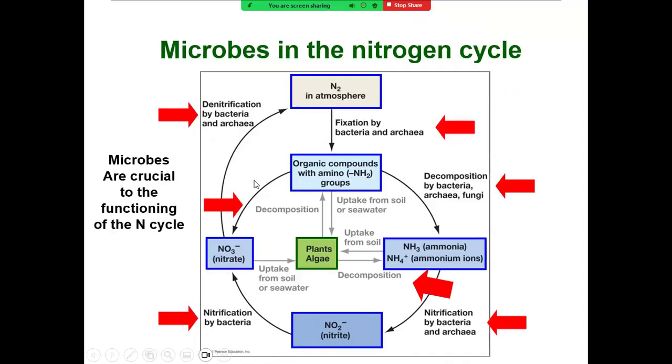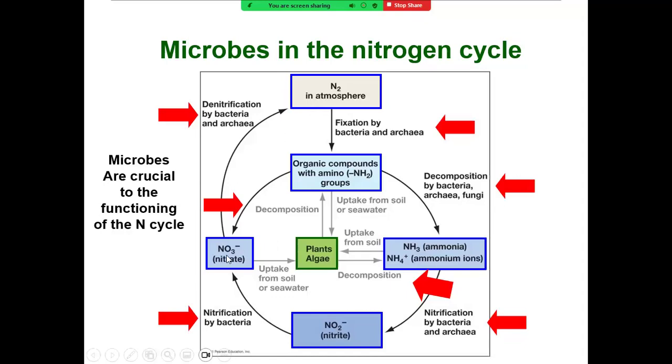In this graph, wherever we have a red arrow, this step of the nitrogen cycle is happening because of a microbe, a microorganism. And as you can see, most of the steps in the nitrogen cycle are happening because of a microorganism.